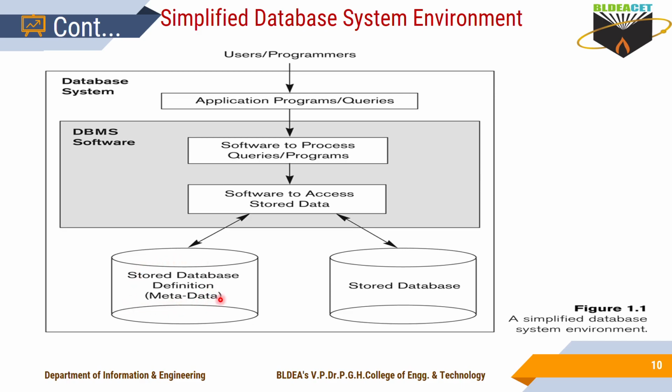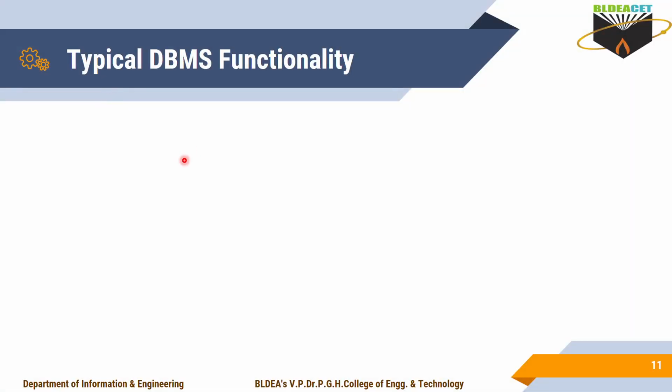Here just the definition of the data is stored, and here the information about that data is stored. This is the database system environment. This collection of programs, software, and disk we call the database system.